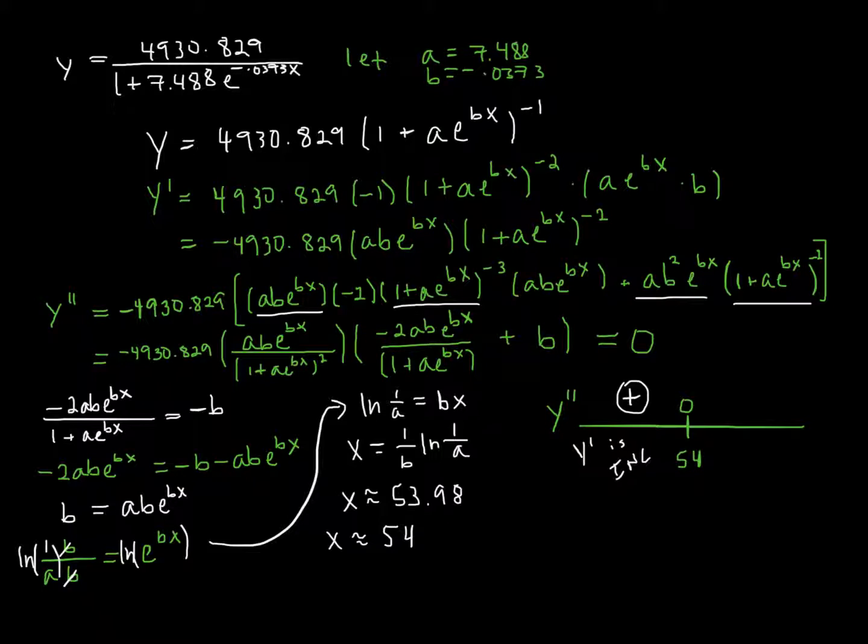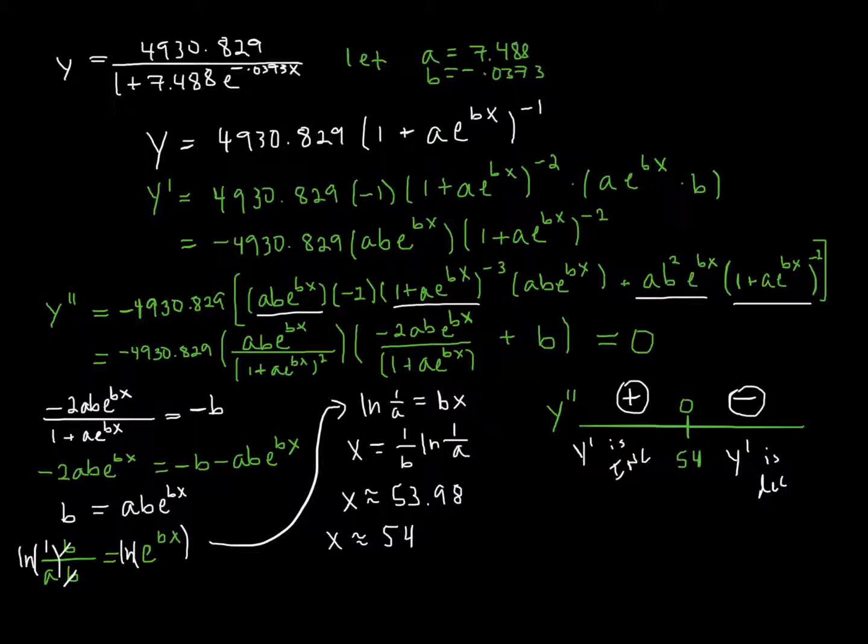If you did that correctly, you will get a negative value, and that means that y prime is decreasing on this interval. And what that tells you is that at 54, we have a relative maximum for our derivative. And remember, the derivative represented the growth of the population at any instant.